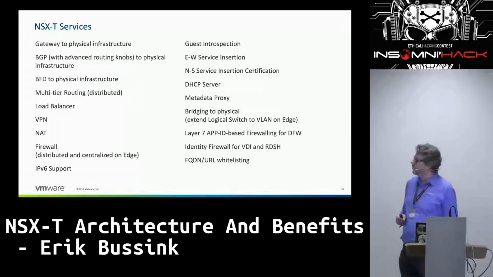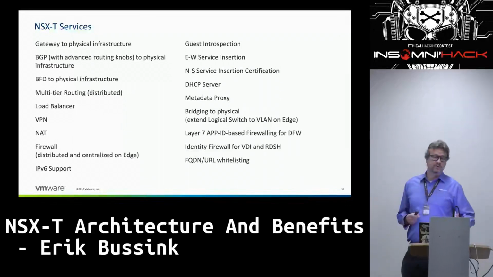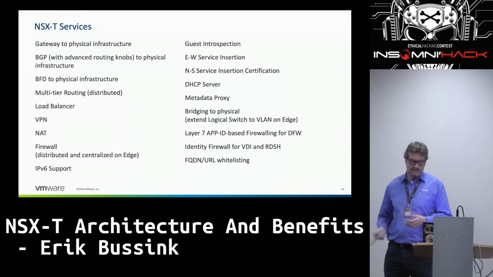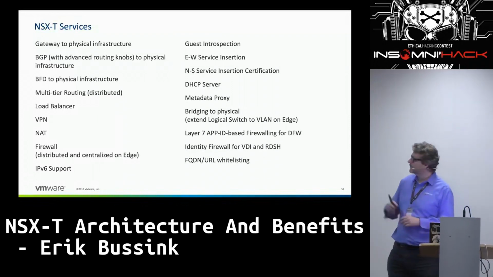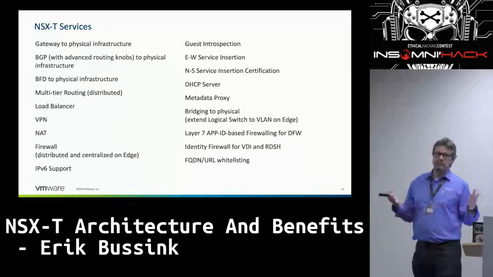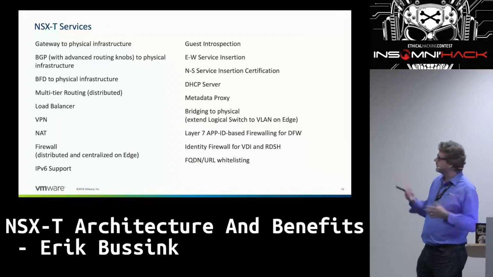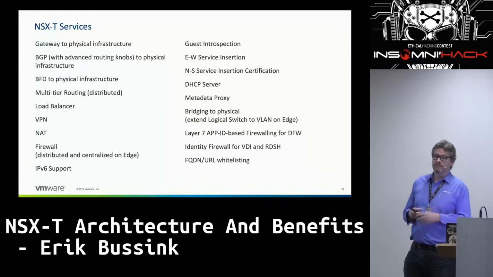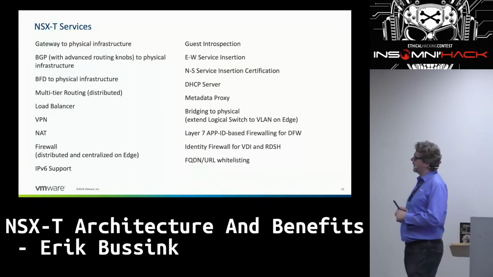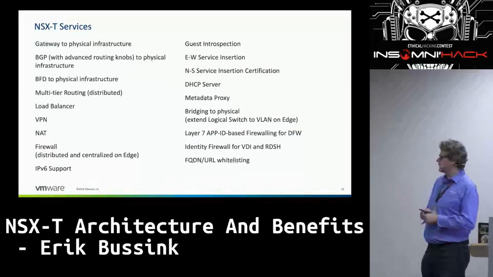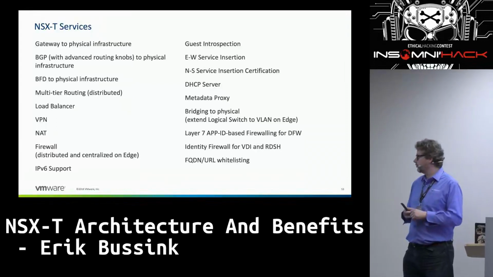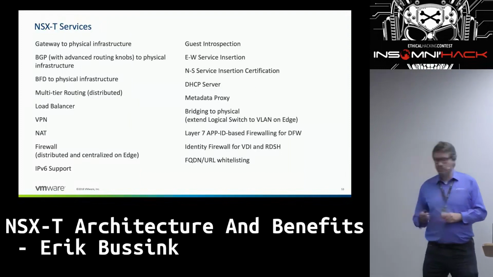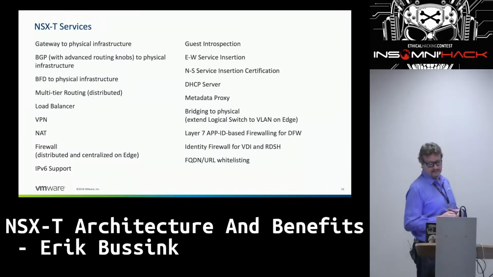We've got east-west traffic service insertion, so we can use different firewalls from Checkpoint, Palo Alto, Fortinet. North-south service insertion, if you wanted maybe to add a F5 in a path. We have DHCP server for the different networks. And we now added also layer 7 app ID based firewall for desktops. So lots of different services coming into NSX.